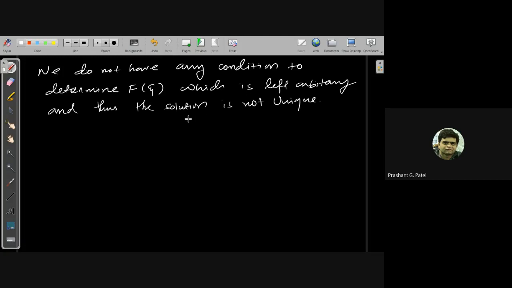The solution will not be unique in this case. So for the characteristic curves, if the data is prescribed only on one of them, the solution will not be unique.